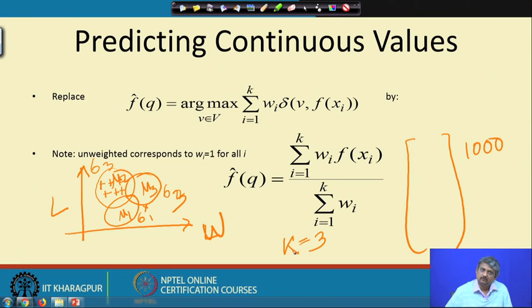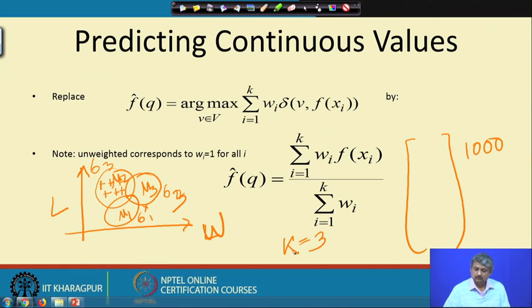First the non-weighted version, then the inverse distance weighted version, and see how much accuracy you get, how many times it correctly classifies a new example. You can do this experiment by writing a small program in any language, and you will see the effect.